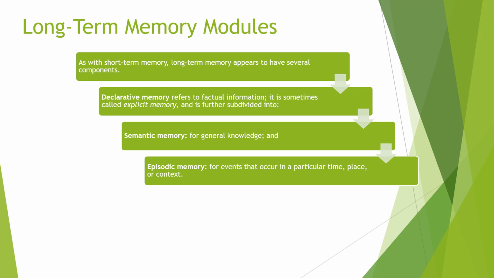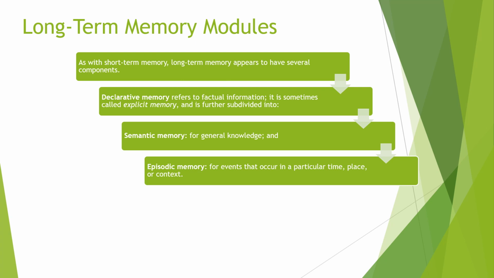Declarative memory is also sometimes called explicit memory. Semantic memory is our memory for general knowledge. It could be procedural types of knowledge.